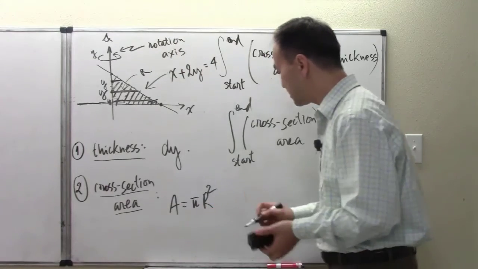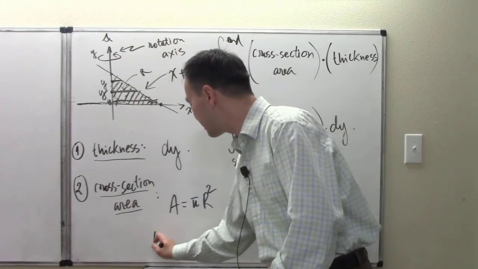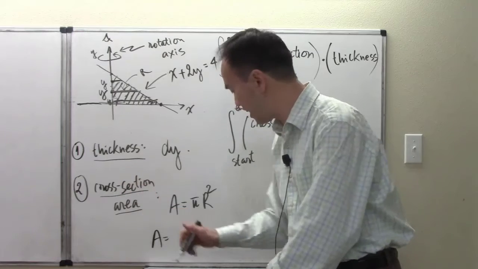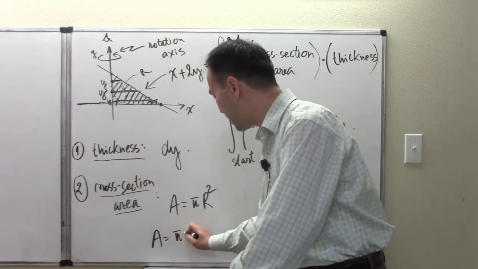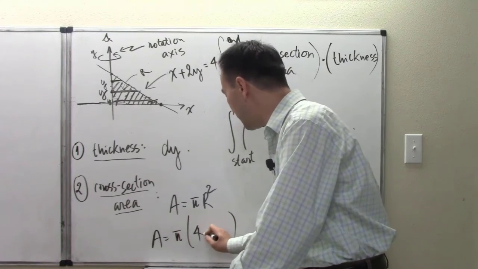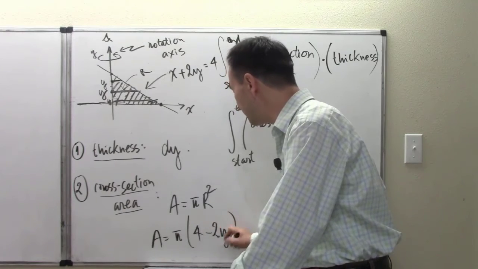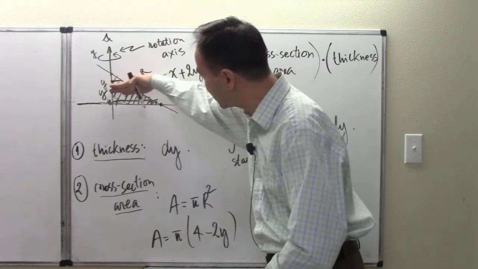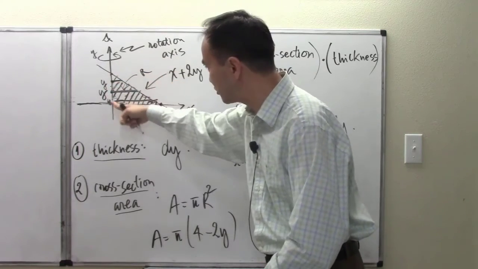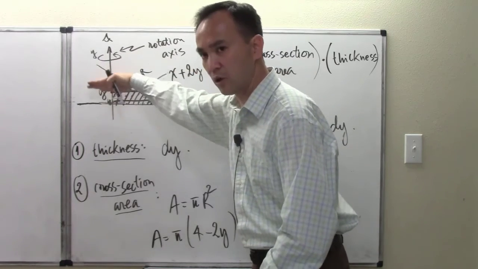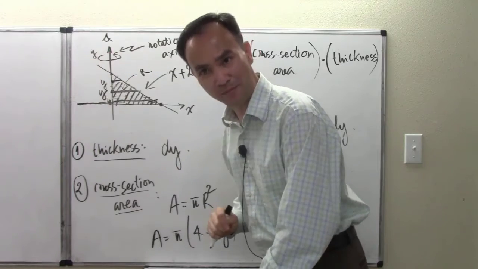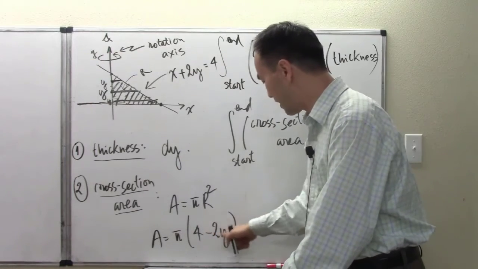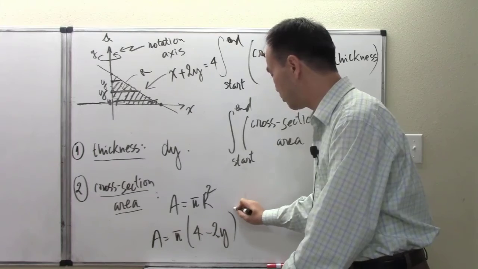So that means the area as a function of y is going to be expressed as follows. It's pi times 4 minus 2y to be the radius that depends on the y value. See how long this stripe is? This radius depends on where we place our stripe on the y-axis. So 4 minus 2y, that's the radius, and we need to square it.